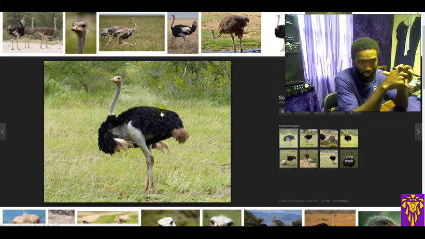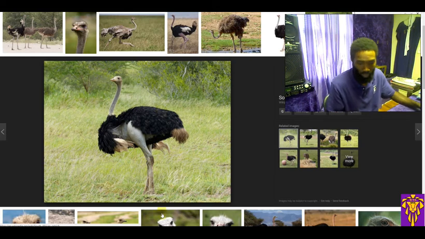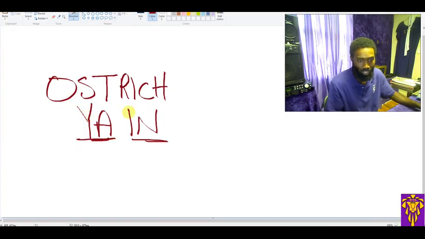But yeah, it looks like a giant prehistoric bird, like it's in the prehistoric family. But these are also wonderful creatures, you know, to check out the ostrich. And back to the drawing board, Ya-in, ostrich.